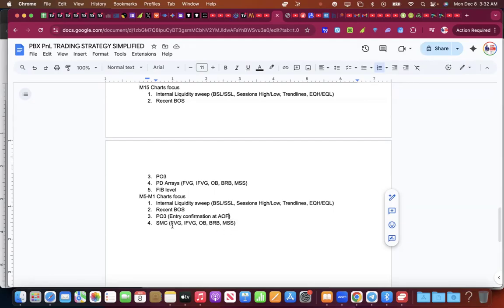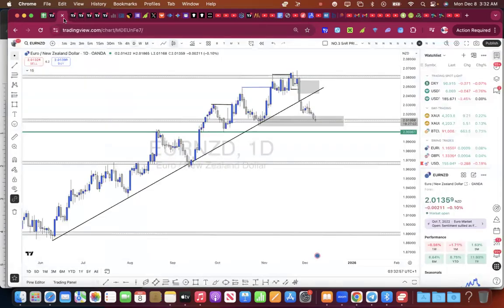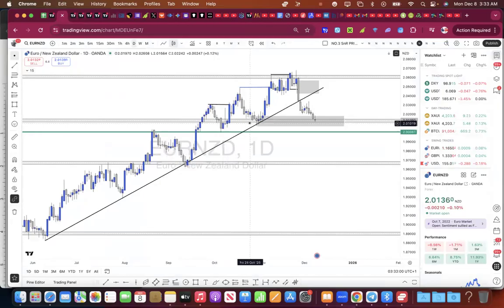And of course, other SMC entry confirmations: fair value gap, inverse fair value gap, order block, breaker block, market structure shift. I'm not going to talk about other advanced ones like rejection block and PDR. So bearing this in mind, we're going to go to a chart and target those points.